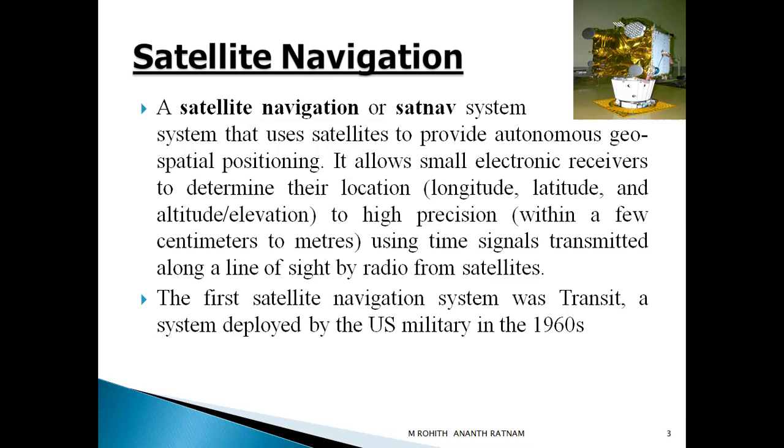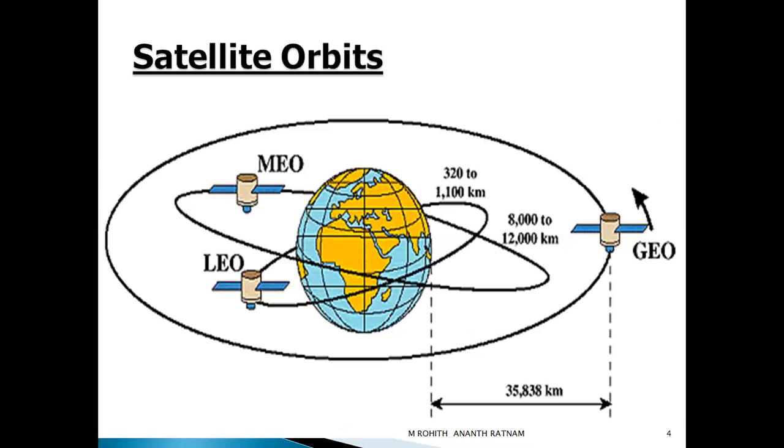As we use maps and GPS receivers in our mobiles, they take the latitude and longitude values from the satellite, and we get the exact location. This was started in the 1960s by the US military, and right now we can see navigation satellites fully commercially.